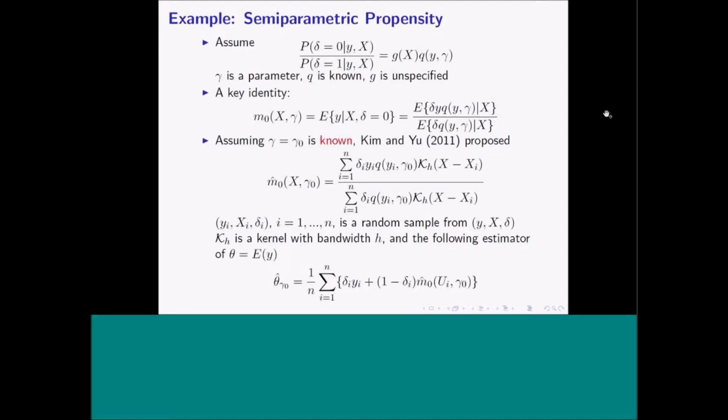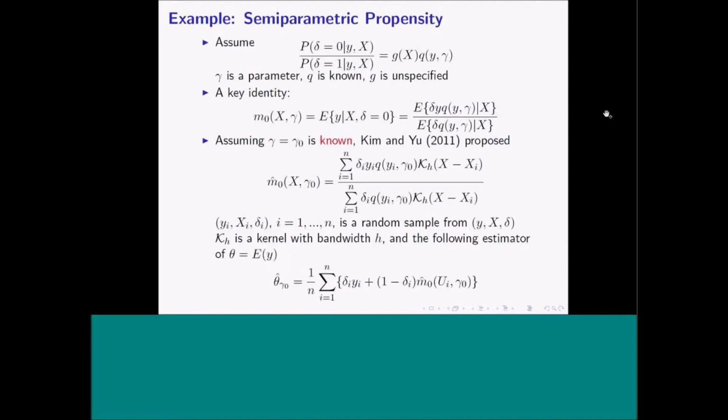And that one can be expressed in terms of quantities that are observed. You see that on the far right-hand side of that equation, there's always a multiple of delta in there. Delta is equal to 1 and it's observed. So those quantities are all observed.